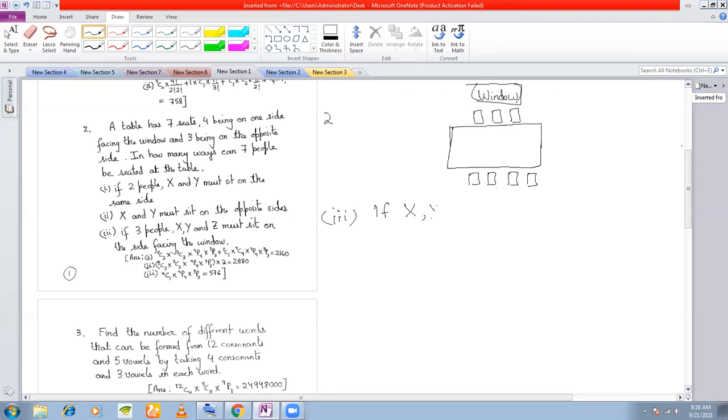If X, Y, and Z sit on the same side, facing the window, then you can have it this way.